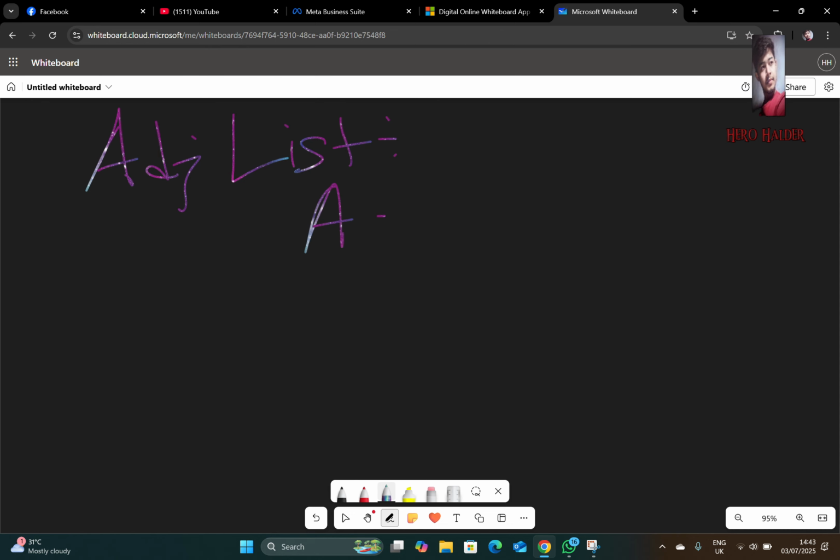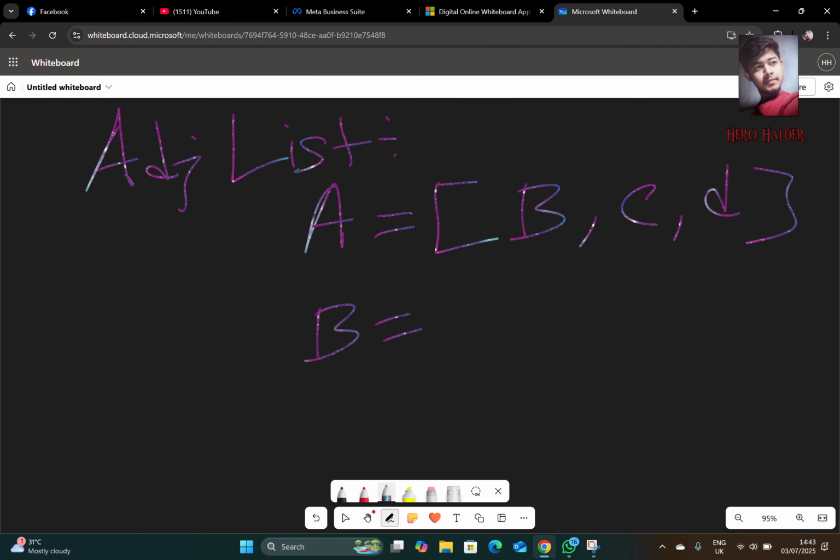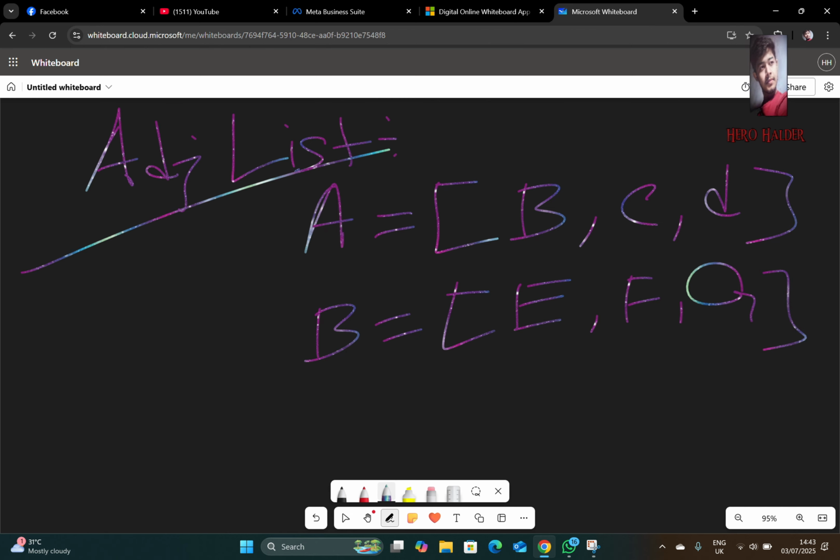Here A has a list, and A has a connection with B, C, D, and B has a connection with E, F, Z, and many more. It takes low space, but finding the connections of a particular node takes a long time. So the adjacency matrix is better than the adjacency list.